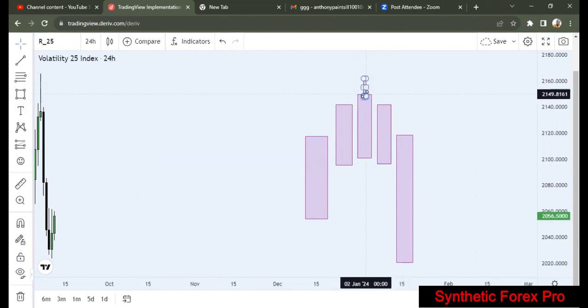So take note, this is how swing highs are formed on the chart. We have one candle to the left that is lower, whether it has wicks or not, and the one in the middle is higher. Even if it has wicks and is still not higher than this, it still defines it.